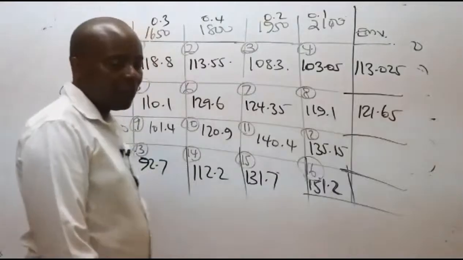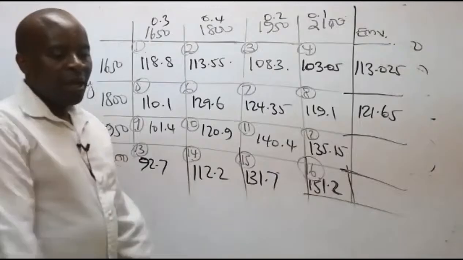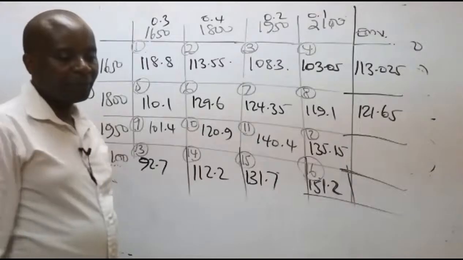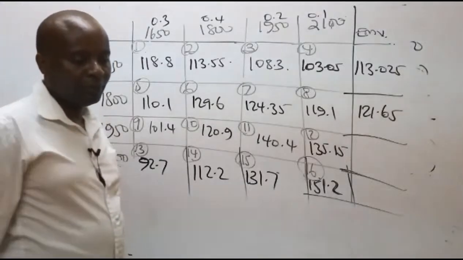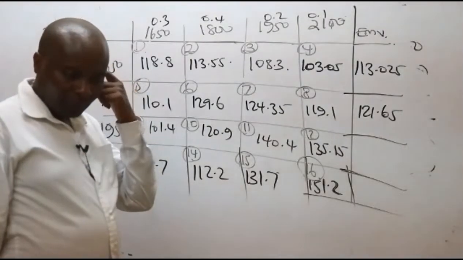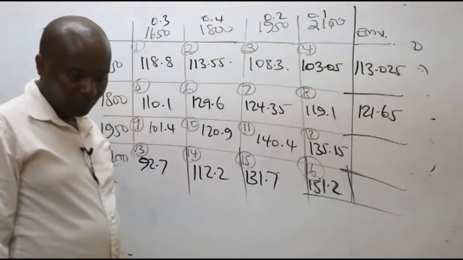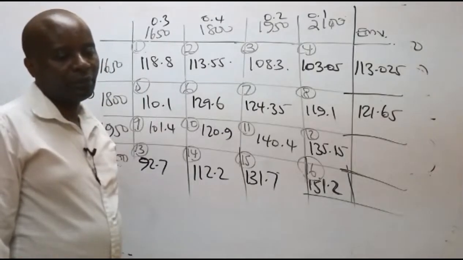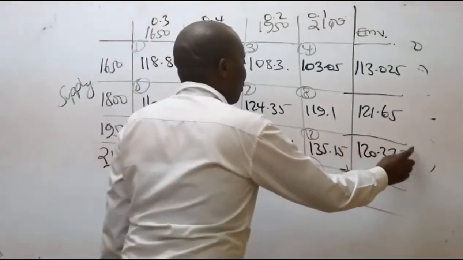From there, we have the third one. 120.375. How did they get this 120.375?